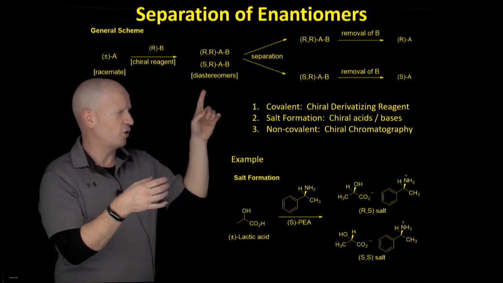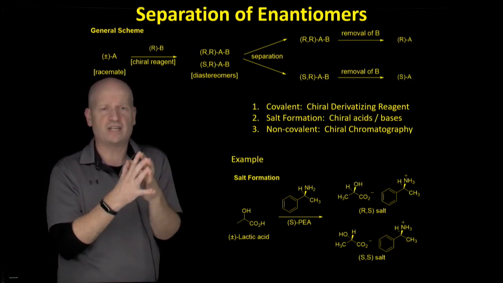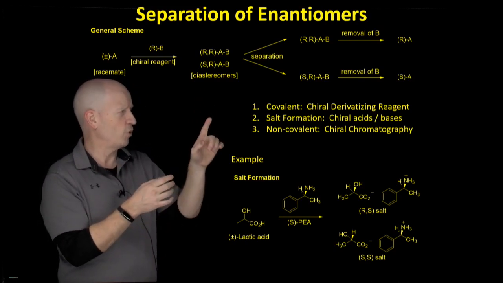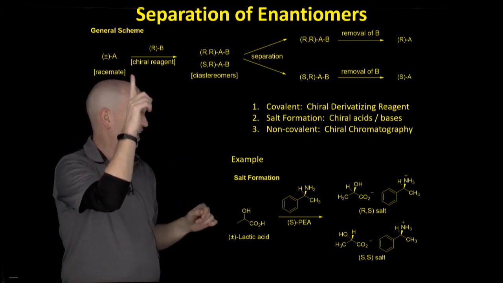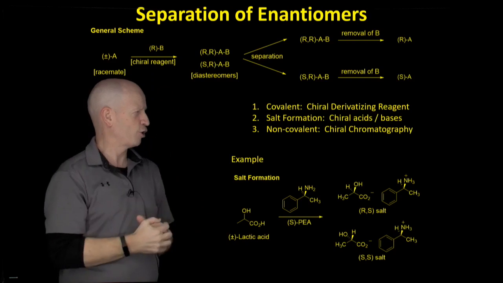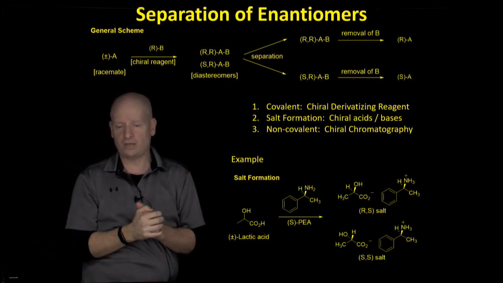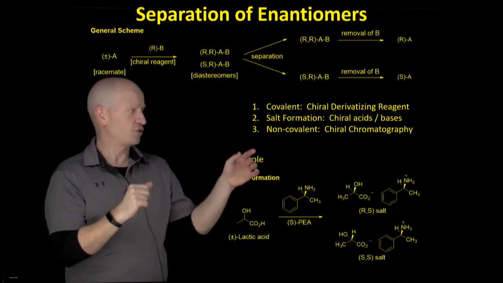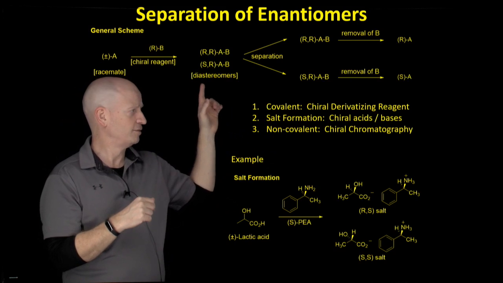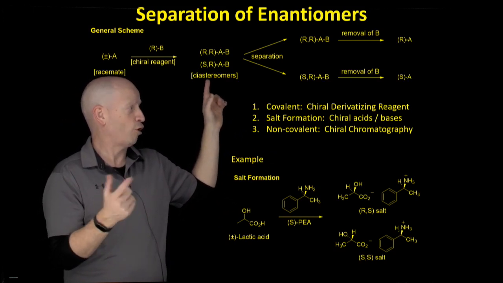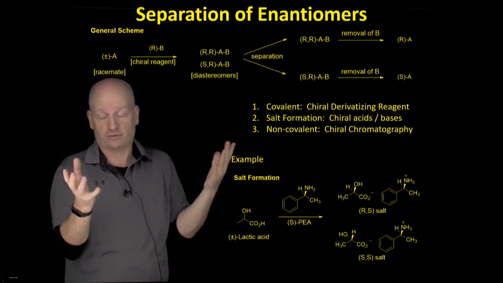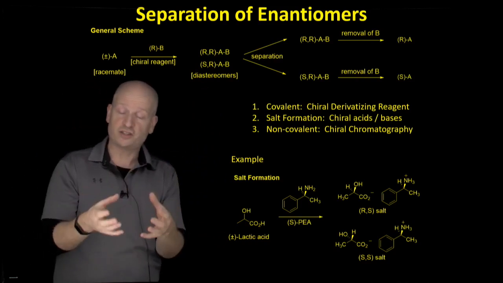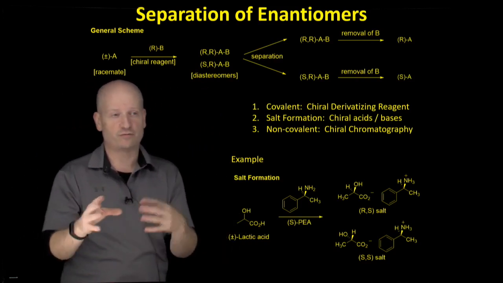But once these two are together, we now have diastereomers, right? Because we have both enantiomers of A, we only have a single enantiomer of B, and if you imagine both of those just have one asymmetric center, now we have RR for one and SR for the other, effectively, which are diastereomers. Diastereomers are always different. They always have different physical properties.